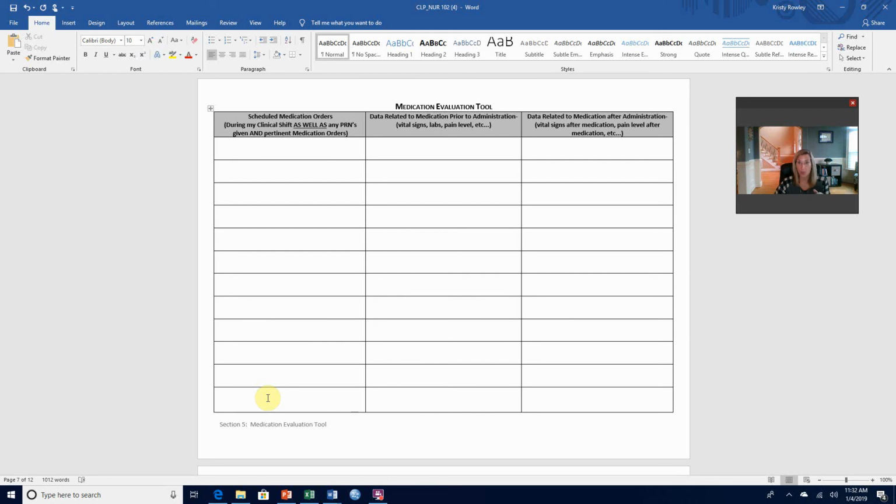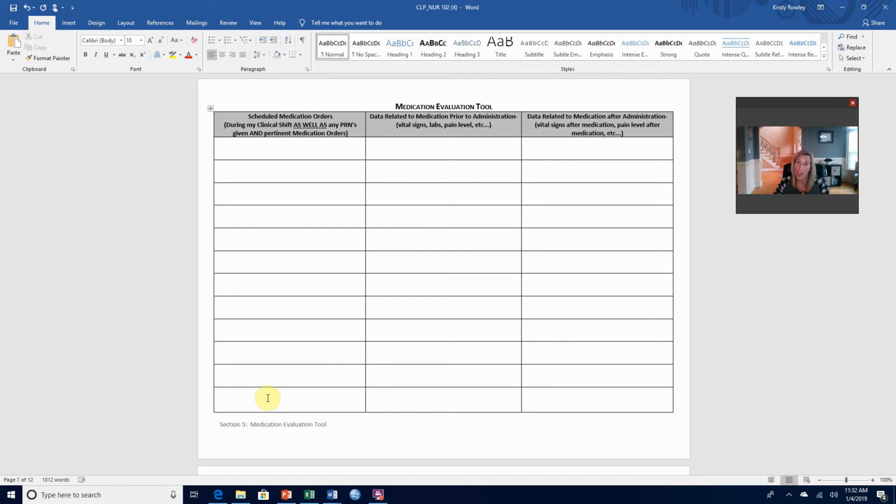They are to list all their scheduled medications at 10 that they would be given. So that's if they gave it or they didn't give it. If they weren't given medications on that day, they would still write down the time period that they would have given medications that day. That way it helps them prepare for next week when they're given medications.